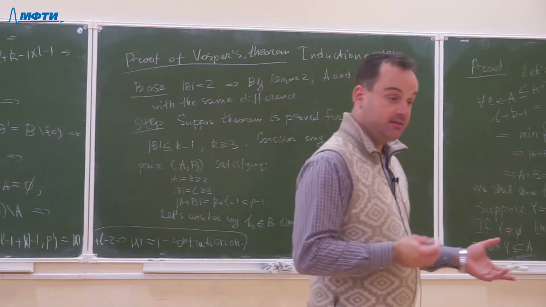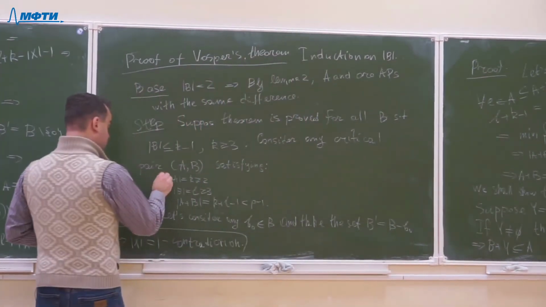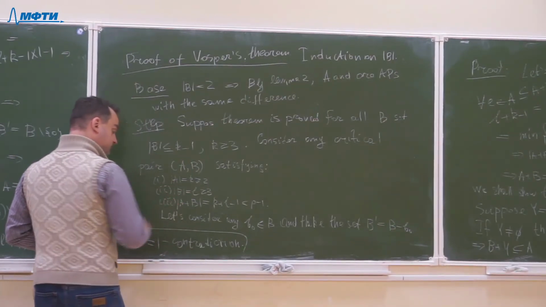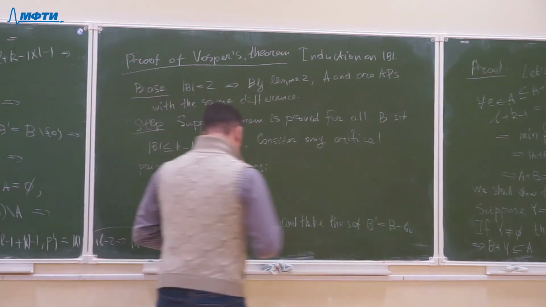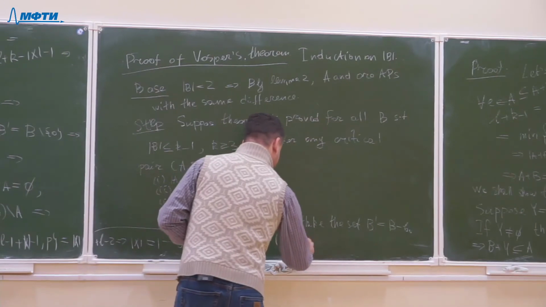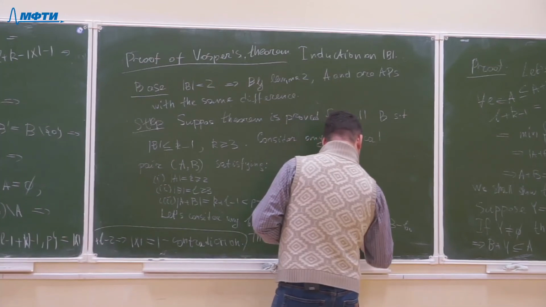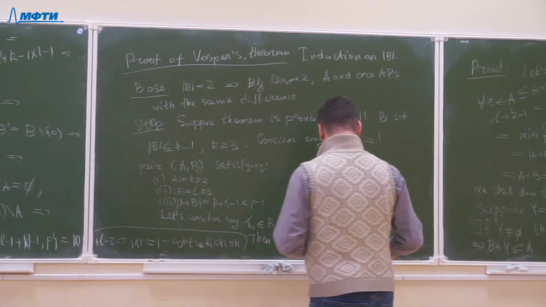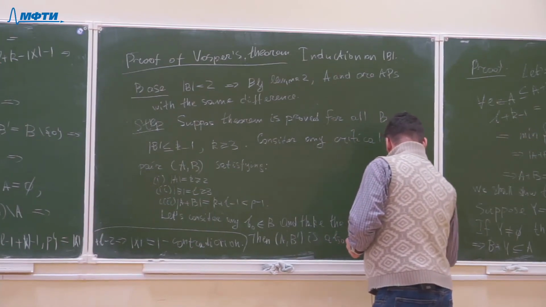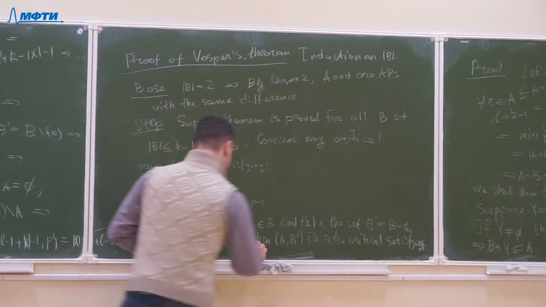Then the pair A, B prime is also critical, satisfying these conditions from 1 till 3.